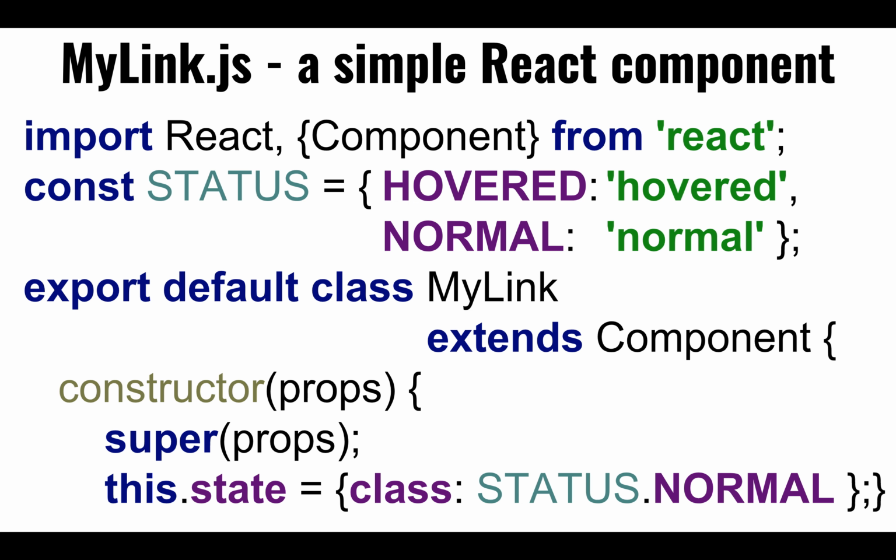So here's a really trivial React component. It's a hyperlink. It's very simple. We have an export default class, MyLink, so it's just a hyperlink. But to illustrate the fact that we can replace a human being as the event generator, we'd like to be able to replace the user.